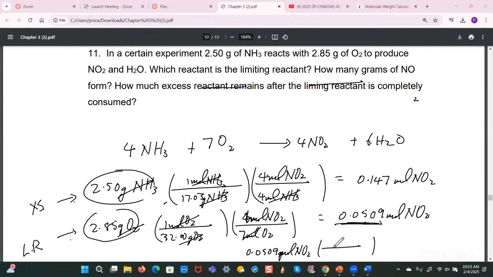Multiply by what? What goes up top, what goes below? You're going to convert moles to grams. One mole of NO2 goes down here, and up top you're going to have the grams, which would be the molar mass.